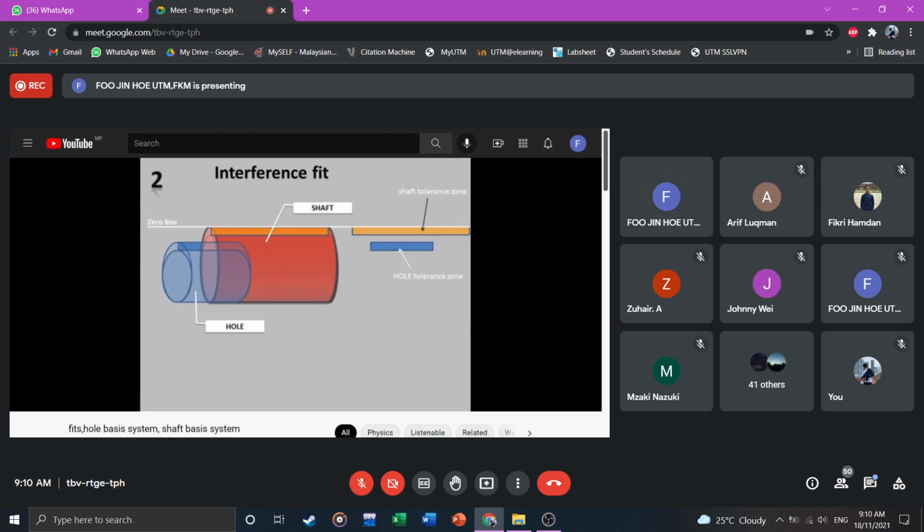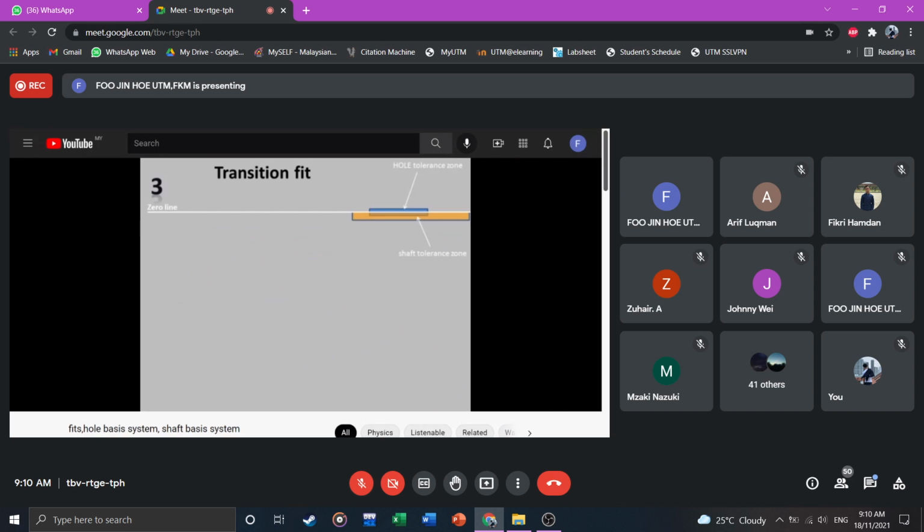Now, here the upper limit of hole is less than the lower limit of shaft. And in interference fit, the tolerance zone of the hole will always be on the lower side of the tolerance zone of the shaft. You can see here.